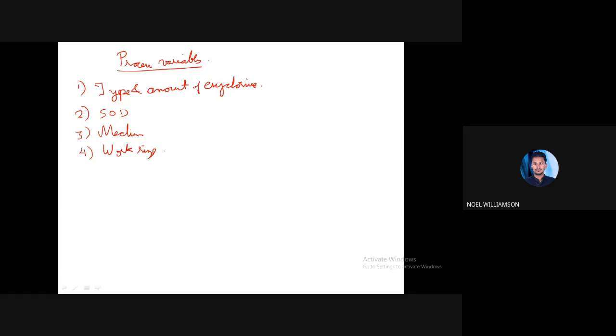Depending on the size of the workpiece, the final quality also varies. Fifth, work material property, the property of the work material.